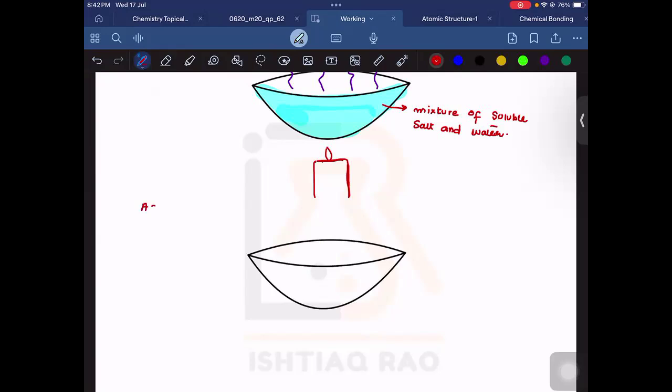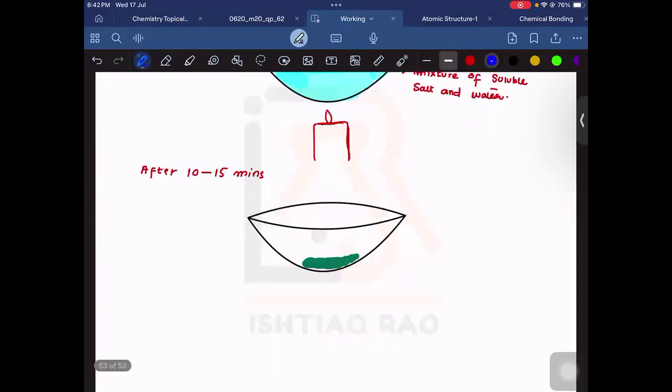After 10 to 15 minutes, you will see that we have some particles which are stuck to this surface. So basically, this is your salt, and water is evaporated into the environment.